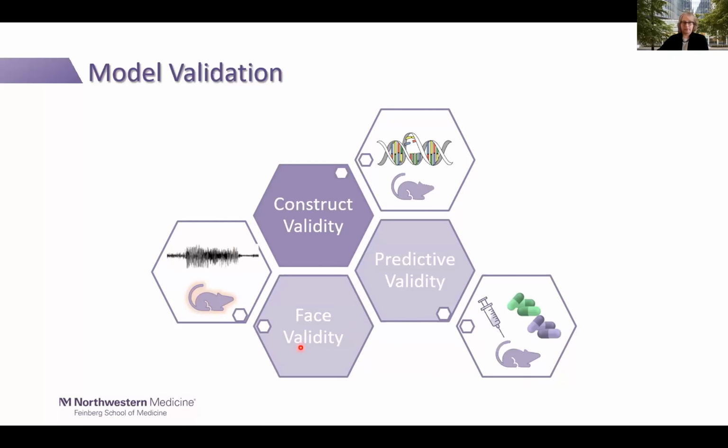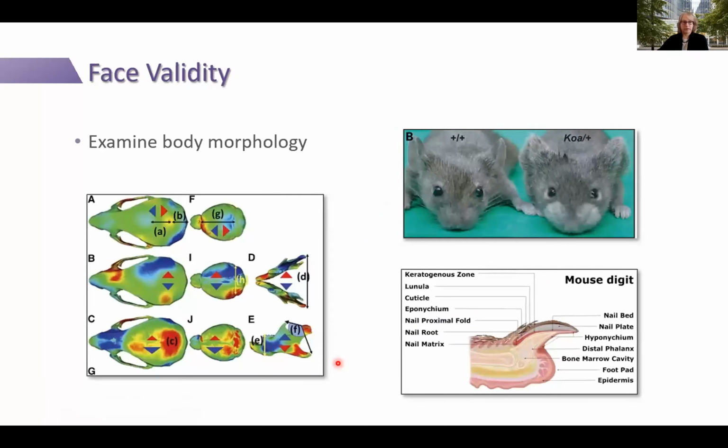So if we think about face validity, one of the first things that we do when we have a new mouse model is we approach it similar to clinical genetics, and we just examine body morphology. Is there anything noticeable in terms of the body?